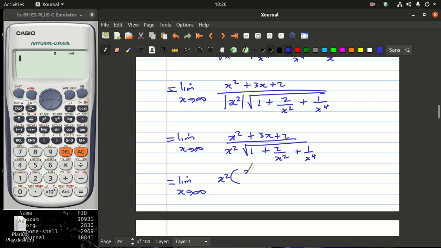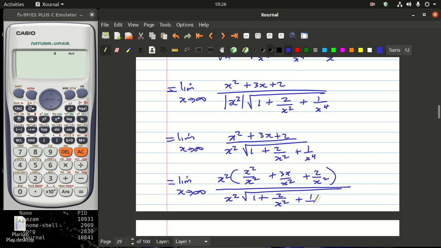So inside I will have x squared divided by x squared plus 3x divided by x squared plus 2 divided by x squared, all over x squared times the root of 1 plus 2 over x squared plus 1 over x to the power 4.